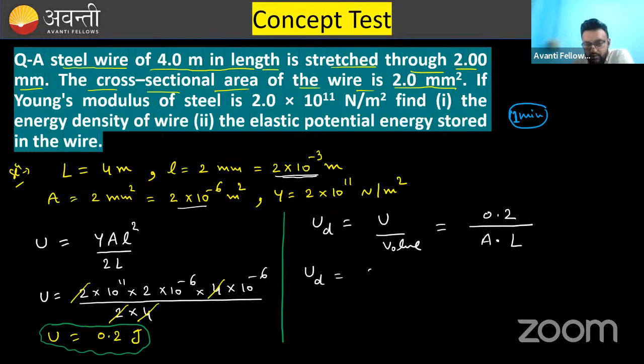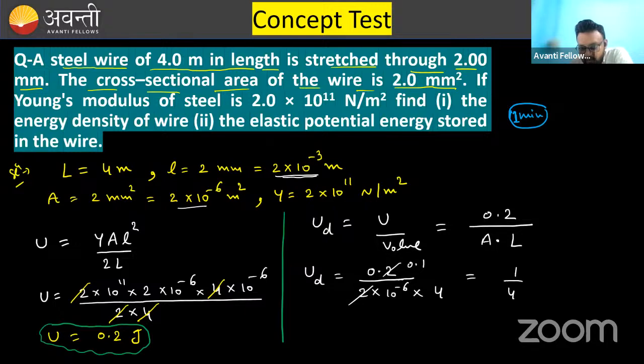UD equals 0.2 divided by the area, which is 2 into 10 raised to the power minus 6, into the length, which is 4 meter. Clear? 2 and 2 will cancel out. It will remain 0.1.